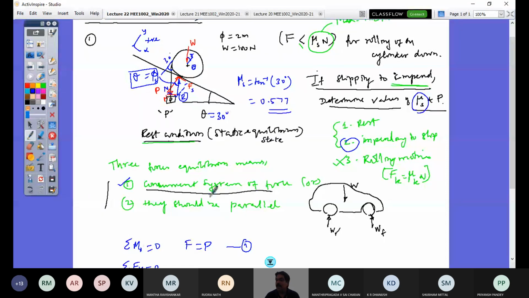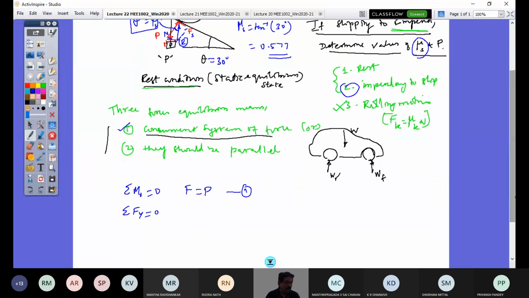So my second equation would be N, up positive, minus P cos theta minus W cos theta. So N minus (P plus W) cos theta equals 0. I would have my normal value as P plus W cos theta, right? That's equation number 2.